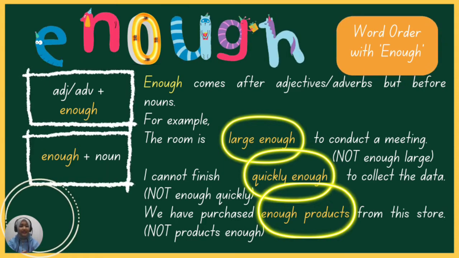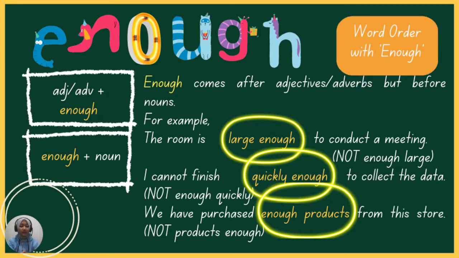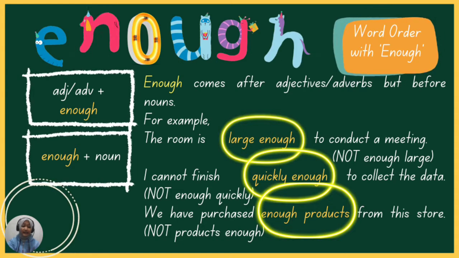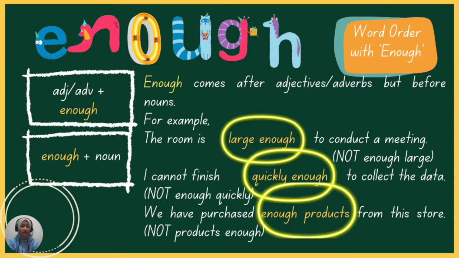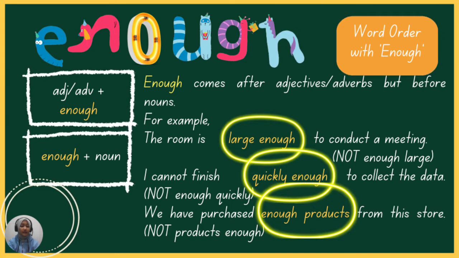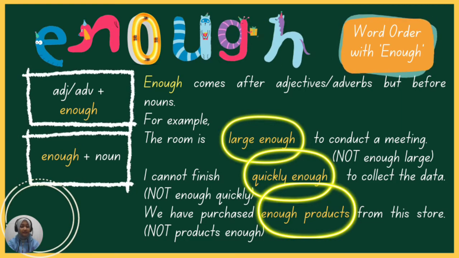For example, the room is large enough to conduct a meeting. Large is an adjective, ya. The room is large enough to conduct a meeting. Oleh karena itu kata enough seharusnya muncul setelah adjective, ya, large enough.